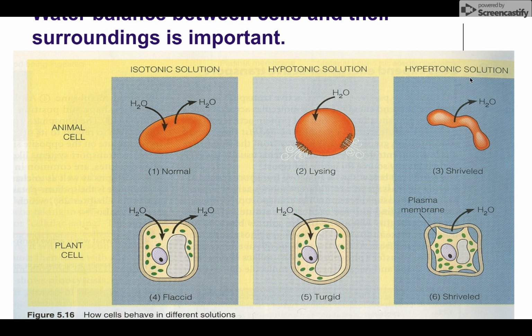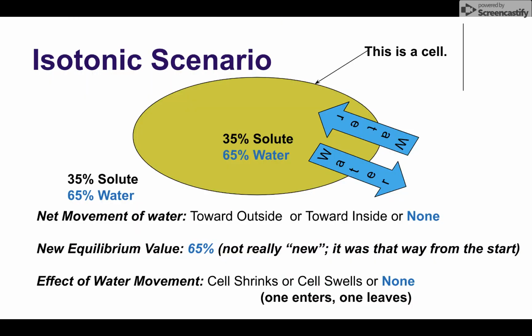In a hypertonic solution, you place a cell in a solution that has very little water, and therefore the cell itself is going to sacrifice its water to the external environment, and that would also cause the cell to die by shrinking.